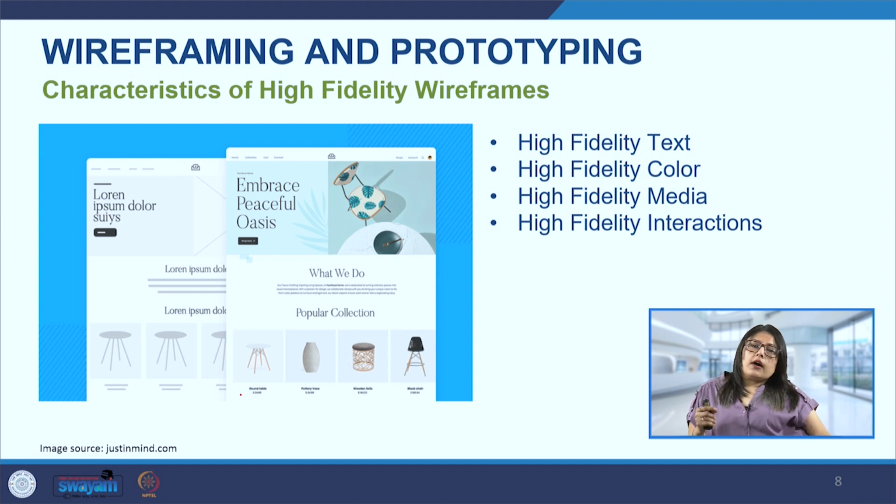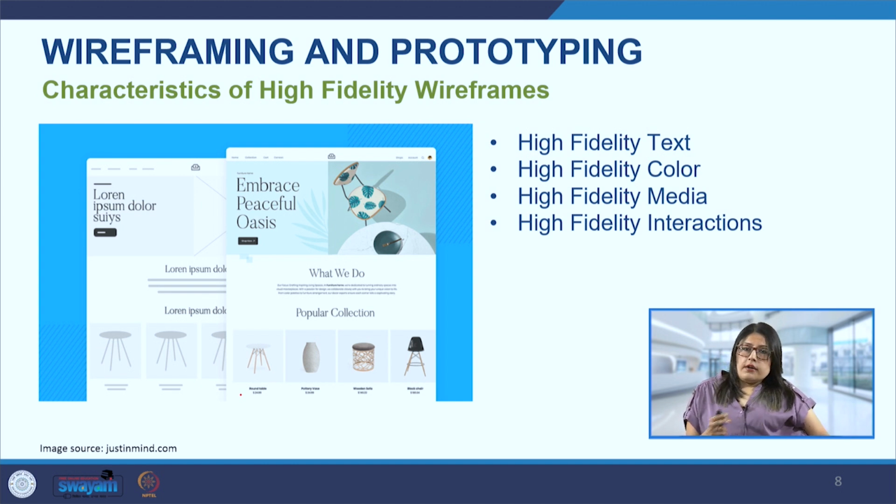When we click a button in a low fidelity wireframe, the next page that we see will again be a low fidelity page, showing how the next page would appear for the user. But in a high fidelity wireframe, once we press the button, it will be linked to what the next page will look like, and it will give a more realistic view to the user.